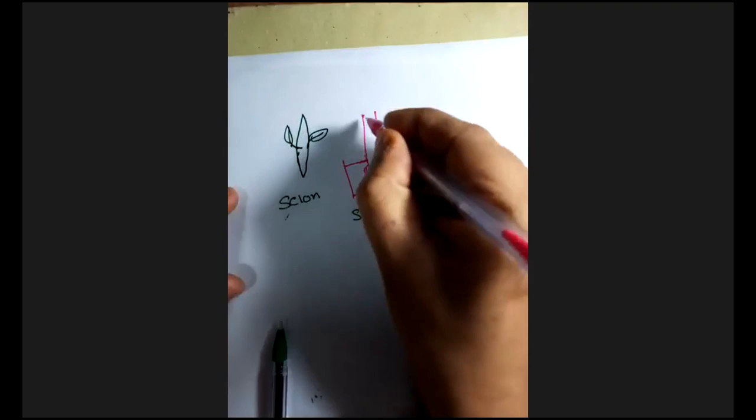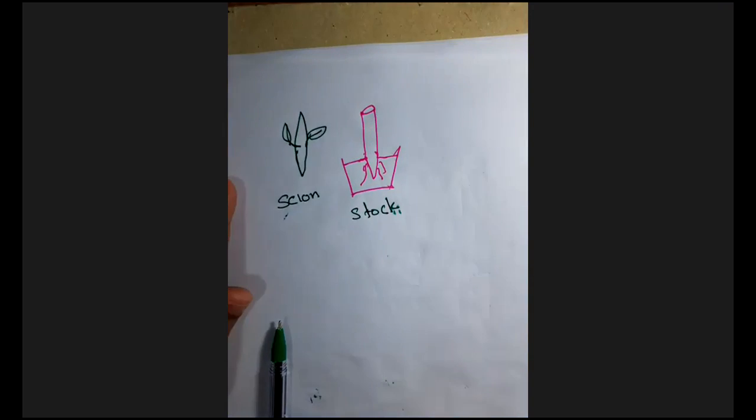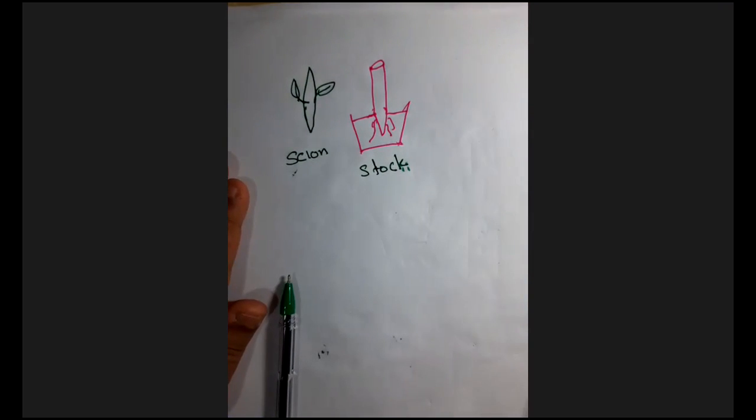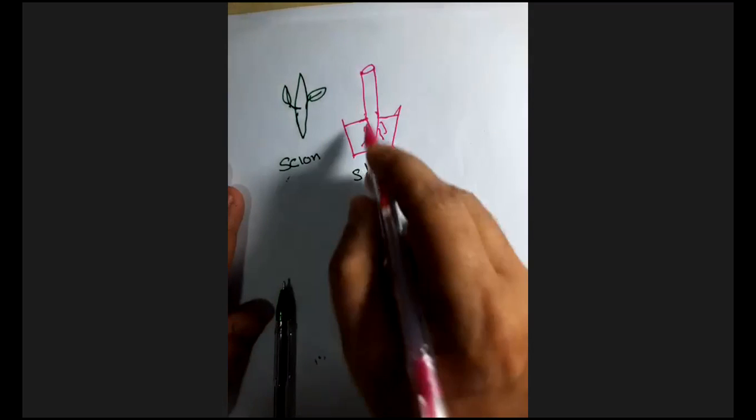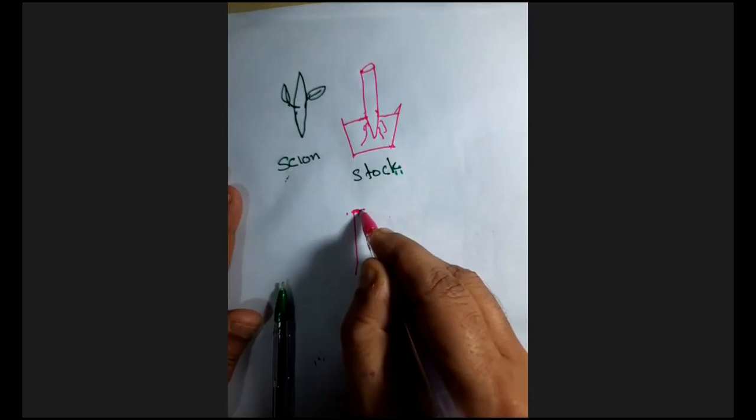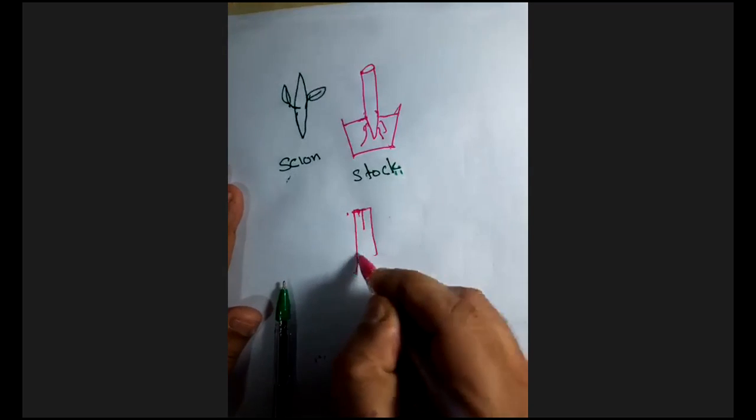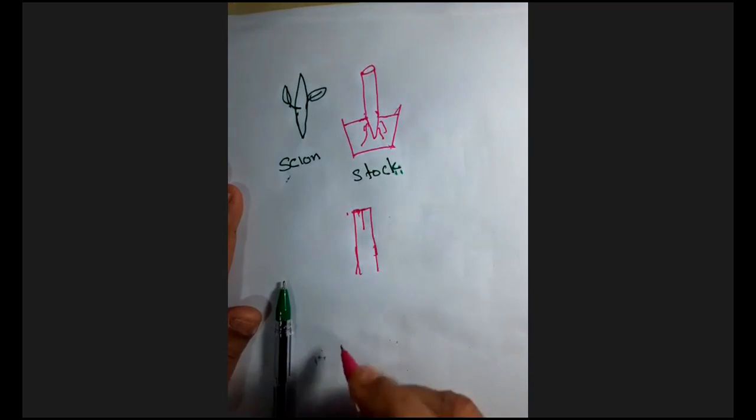Always the rooted part is going to be the stock. The very first thing you have to do is make a cut in the stock.